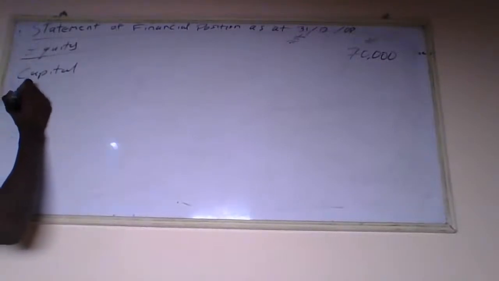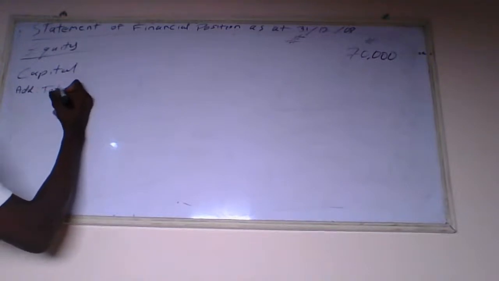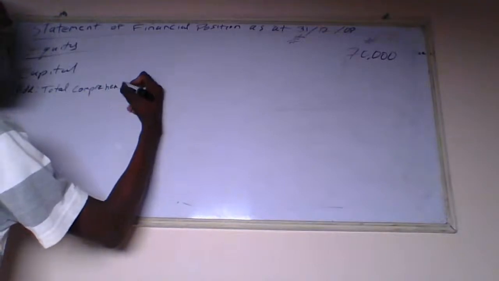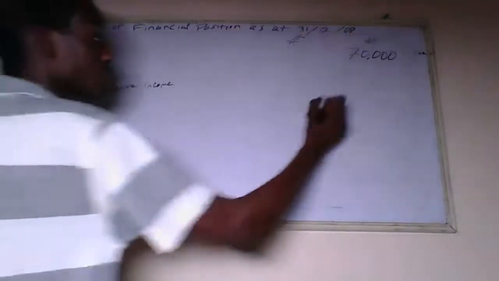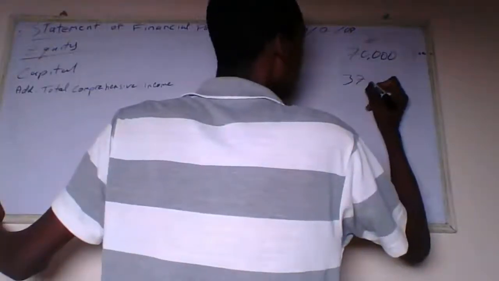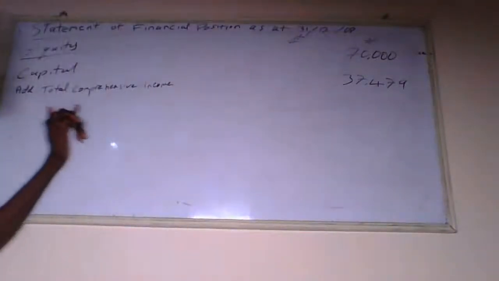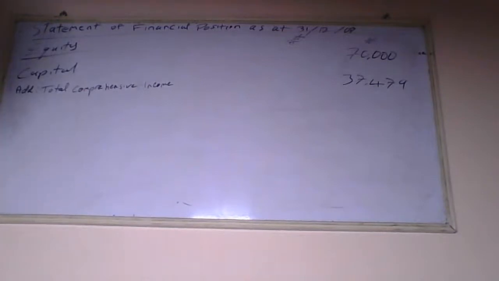And then you add our total comprehensive income. Had this been a loss, if we had total comprehensive loss, we're going to deduct it from our capital.